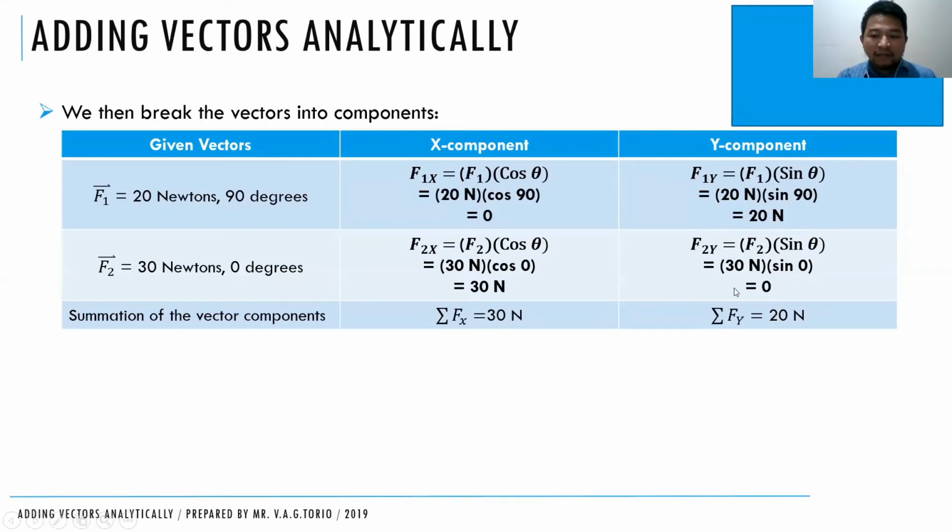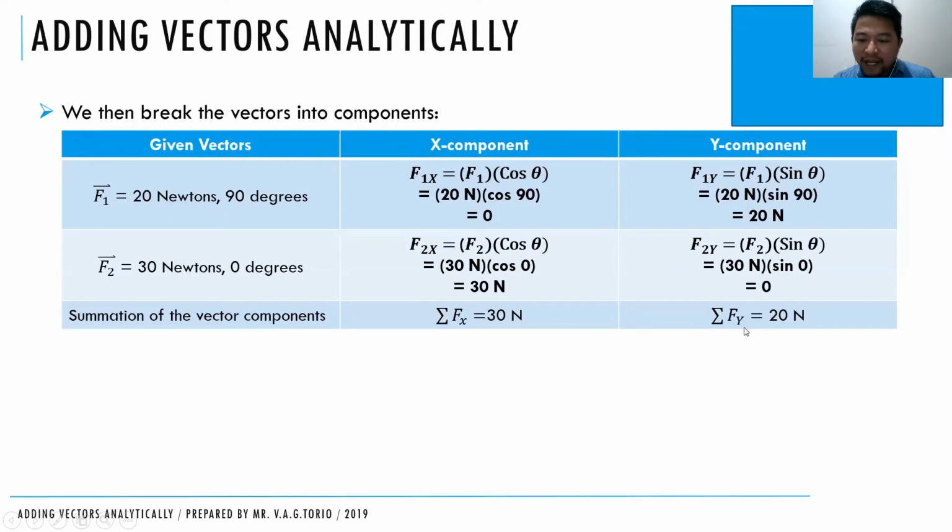The next step in this calculation is to get the sum of each of the components x and y. So the components F sub 1x and F sub 2x will add up to 30 newtons. The symbol sigma here represents summation of the forces along x for F sub x, and sigma here again is summation of the forces along y.